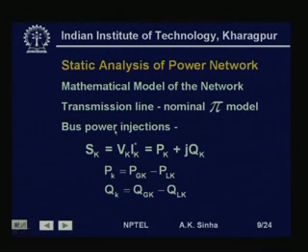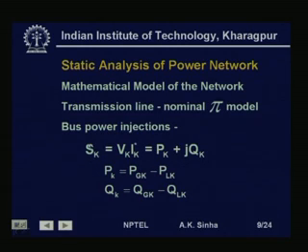Now, we consider bus power injections rather than generation and loads separately. So, what we do is, as we saw just now, we find out the injections at each bus bar, which we had seen is equal to the generation minus load at that bus bar. So, we can write the injection at any bus k as Sk.